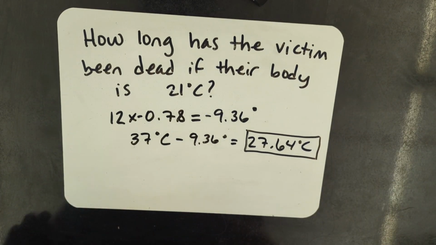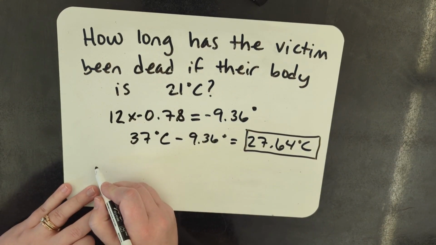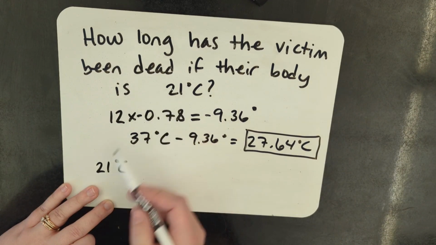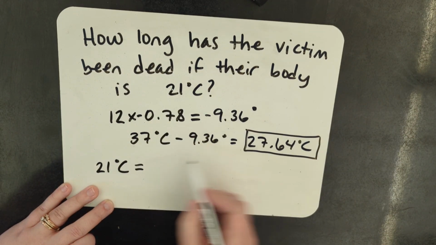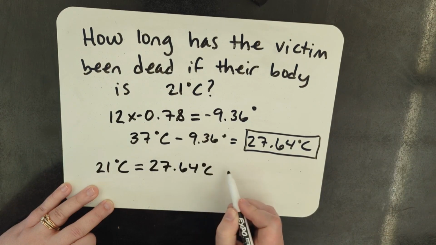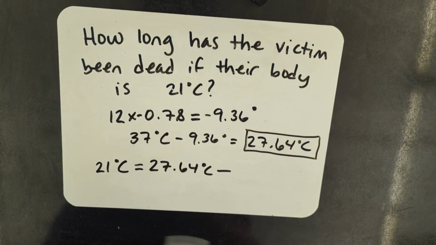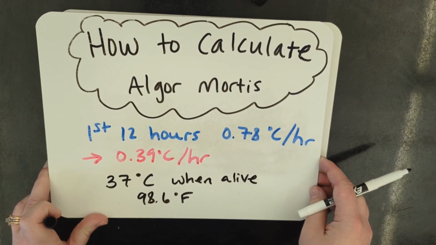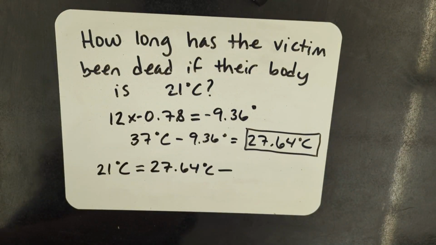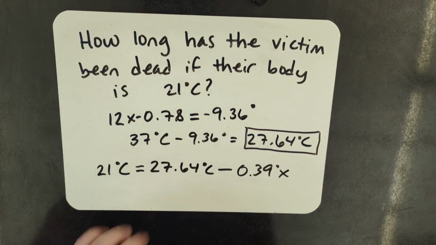Now we're going to do the same thing we did before, but this is going to be our new starting temperature. We're still trying to figure out if they're 21 degrees Celsius, how long have they been dead. So our new starting temperature is 27.64 minus, and we're not going down at 0.78 degrees per hour. We're now going down at 0.39 degrees per hour, 0.39x.